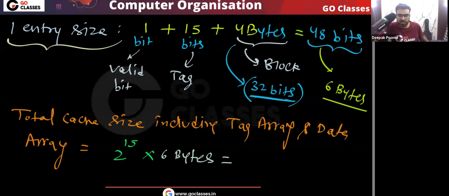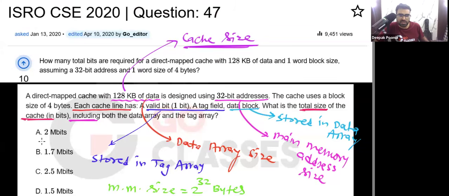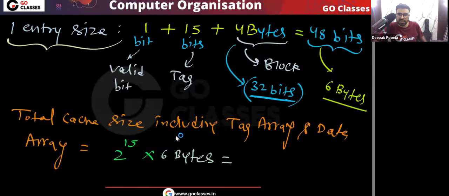So let's see the options. What are the options here? You can see the options are in bits, so let's convert into bits. Is that clear? So this byte count we can convert into bits. So basically 2 power 15 into 48 bits, because the options are given in bits.